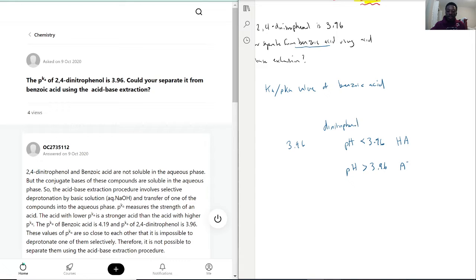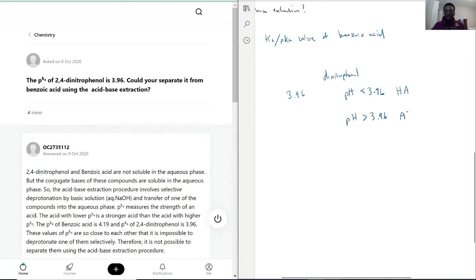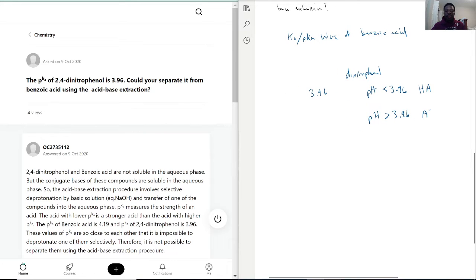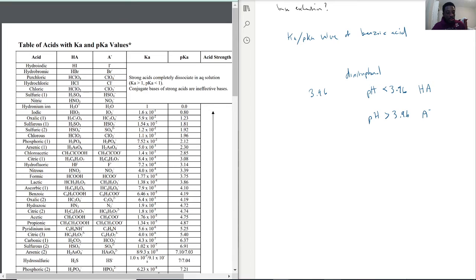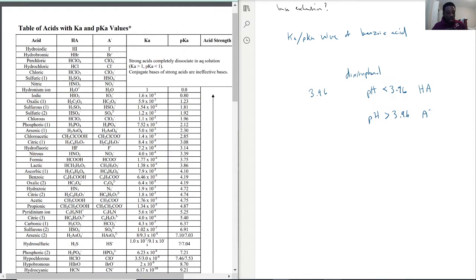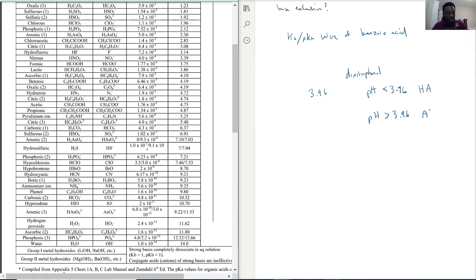Okay, now with that being said, we have benzoic acid. Let's first find it on our acids and bases table. And benzoic, there we go.